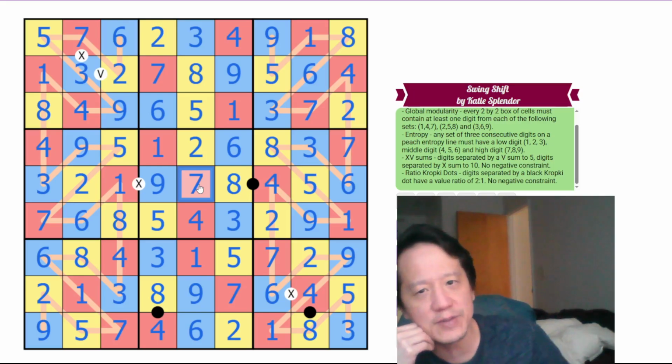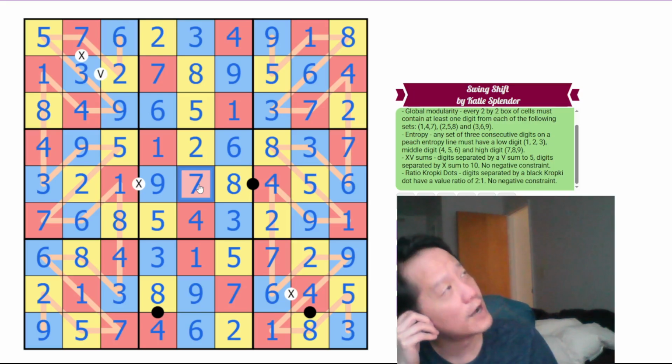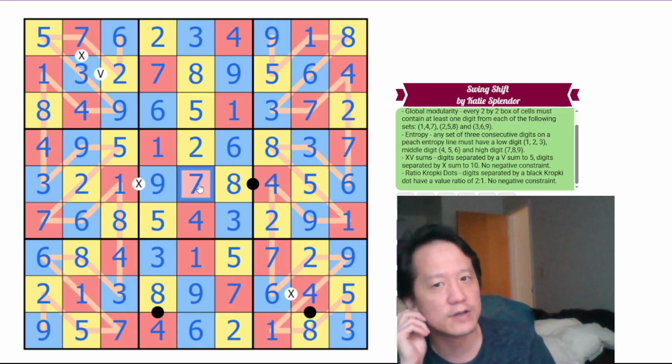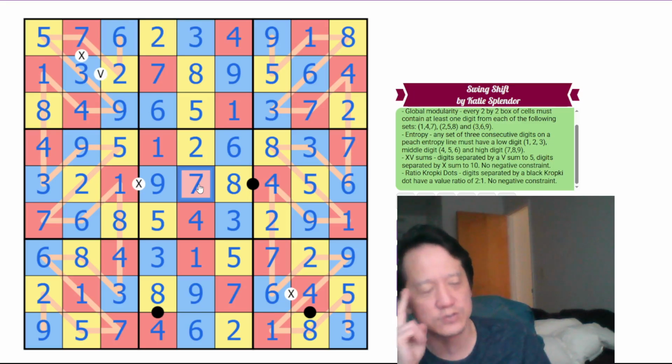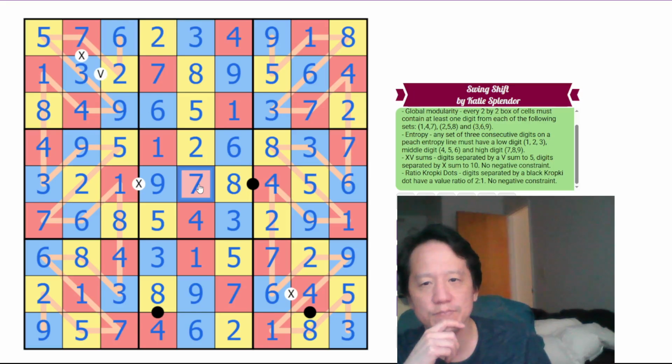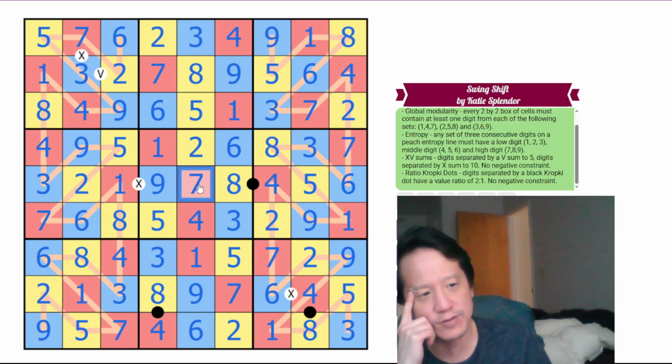Because you can get some hairy logic involved with global modularity or global entropy, where every 2x2 box of cells has to have one of every of a set of 3.